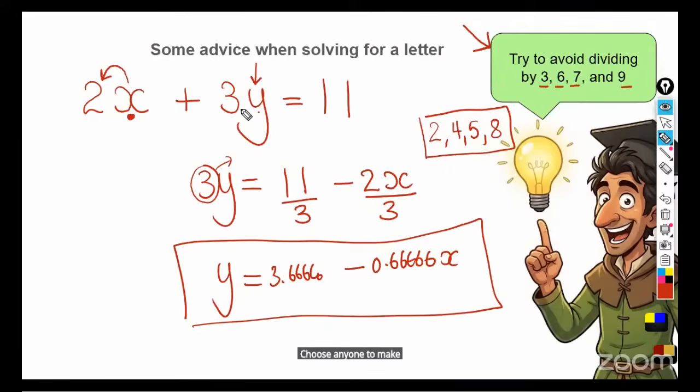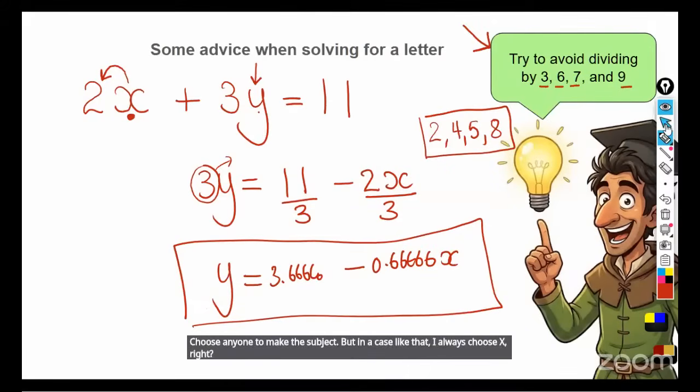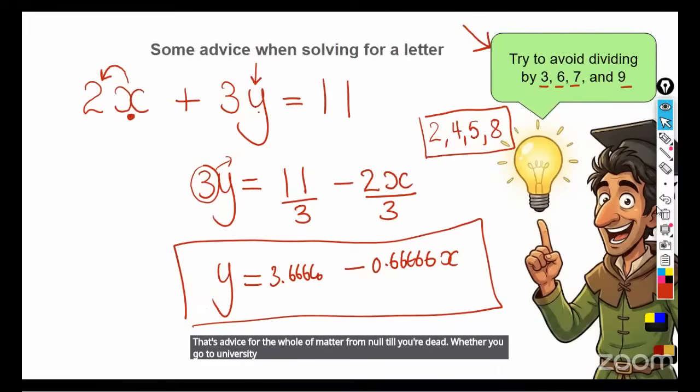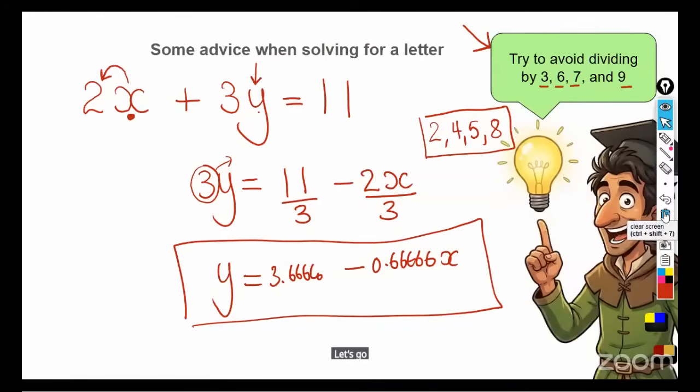But in a case like that, I always choose X, right? So let's move on, right? That's advice for the whole of maths, from now till you're dead. Whether you go to university, always choose the one with the nicer number. Always. All right. Let's go. Right. So try to avoid dividing by 3, 6, 7, and 9.